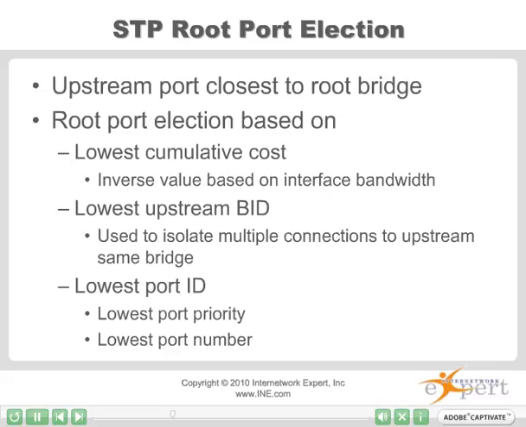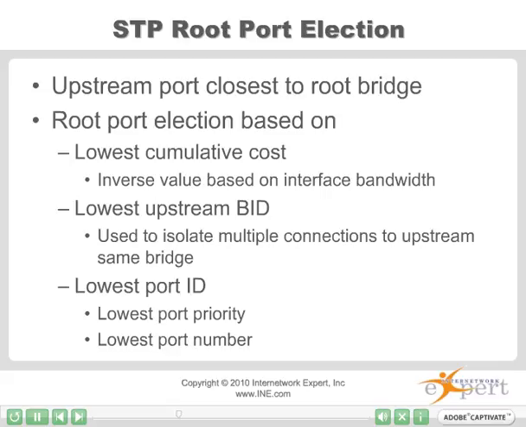If there is a tie, and there often is a tie in this value, it will look at the upstream bridge ID to figure out which should be utilized. And in the case where you have a switch plugged into itself, where that bridge ID can't be used as a tiebreaker, the lowest port ID, the lowest port identifier, literally like 0/1, would win out over 0/10.